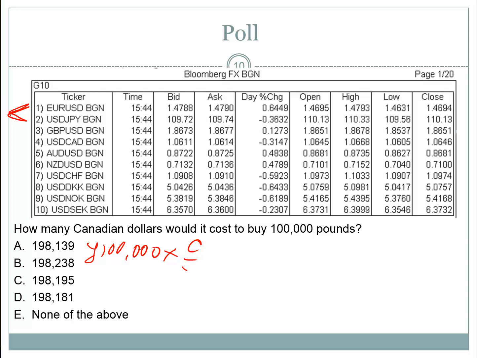Well, we're going to need a Canadian dollar for pound exchange rate to turn this into Canadian. However, if you look up here, there is no Canadian dollar for pound exchange rate. But we have both of them quoted against the dollar. We have a dollar per pound exchange rate and a CAD per dollar exchange rate.